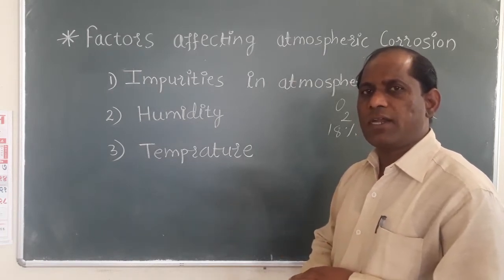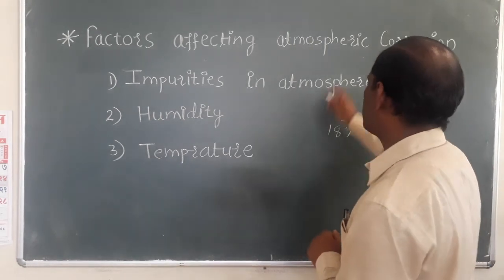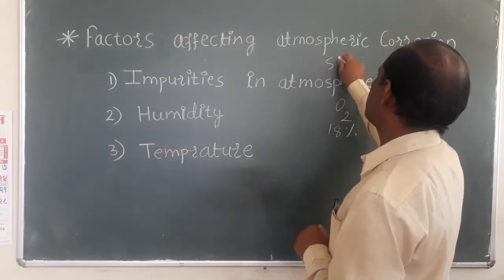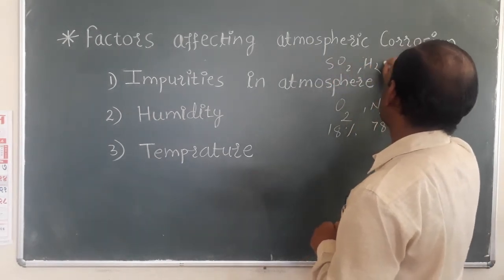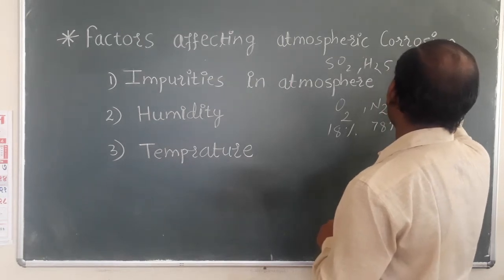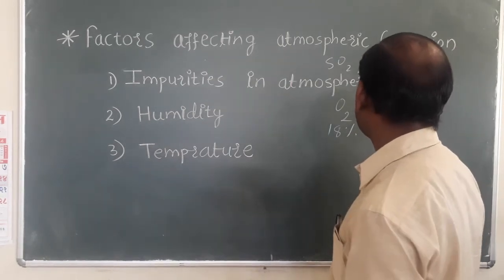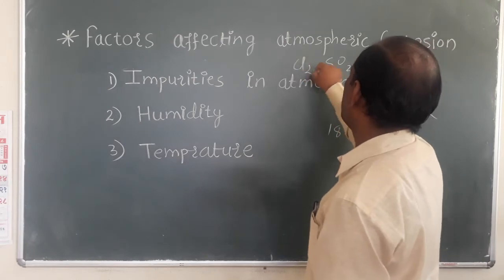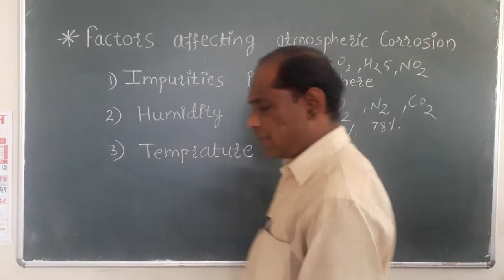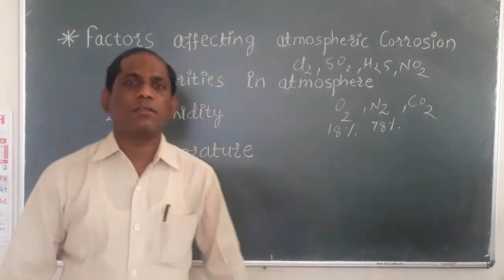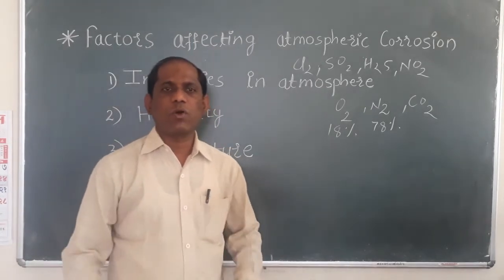But if unwanted gases like SO2, or H2S, or nitrogen dioxide, or chlorine are present in the environment, then definitely that environment has become corrosive.